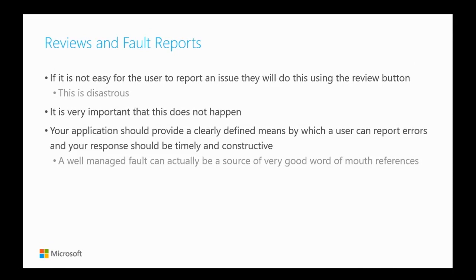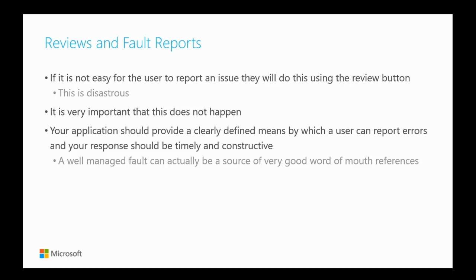So your app should clearly define a means by which errors can be reported. You want to make sure that users are aware of it the first time, maybe even the first time you use your application. You could even use a startup screen which appears the first time to say, hey, thanks for using my app.